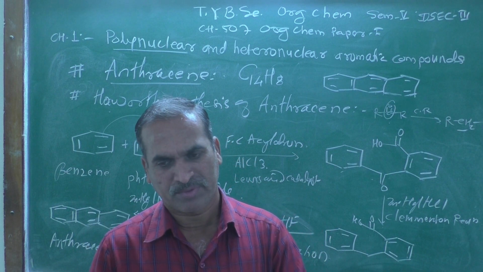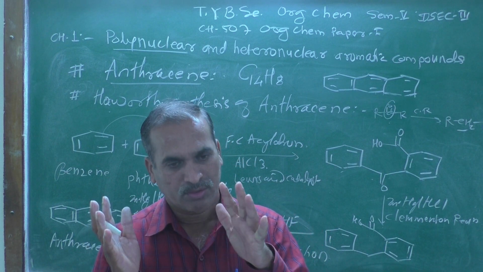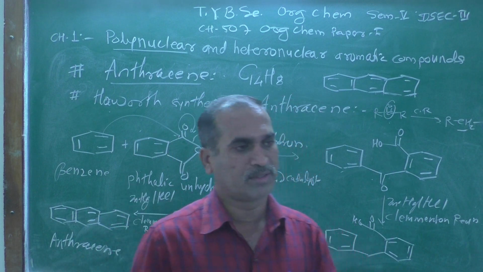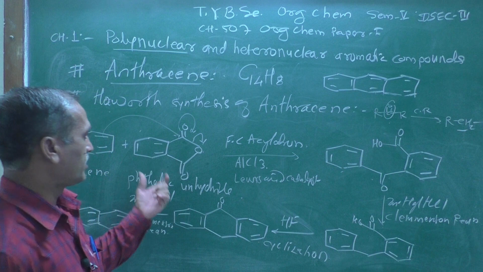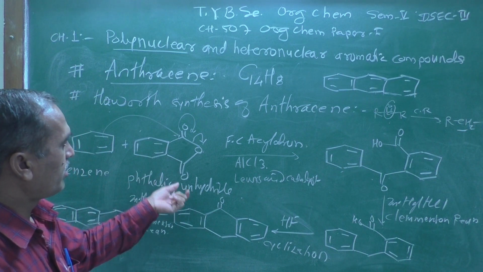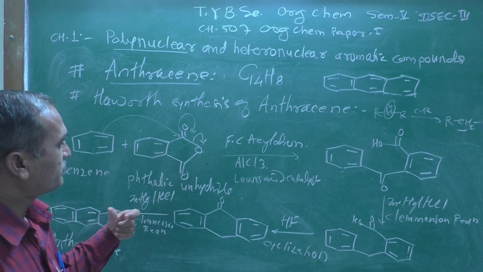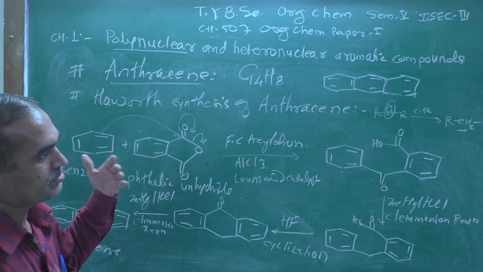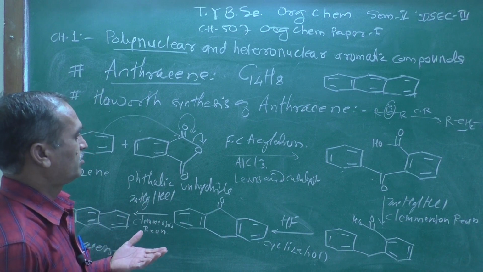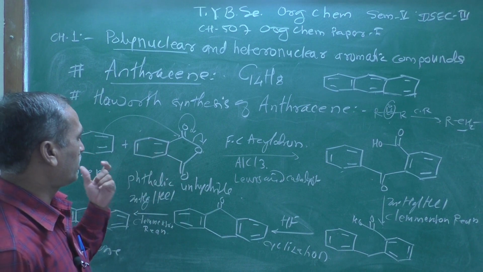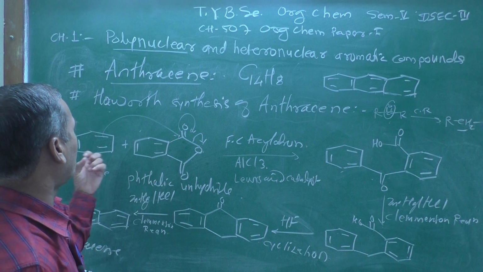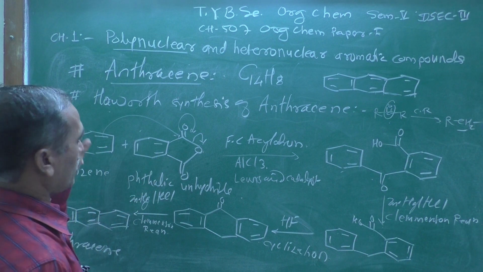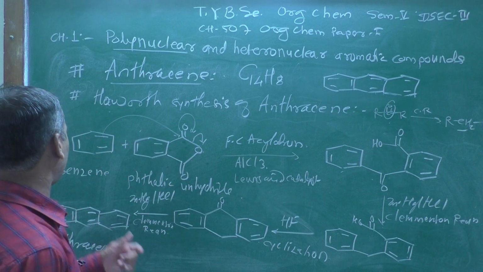What he did, he took the readily available starting materials, benzene and phthalic anhydride. Phthalic anhydride is obtained from phthalic acid heated at high temperature in the presence of aluminum oxide, and it is utilized for the synthesis, as you can see over here.